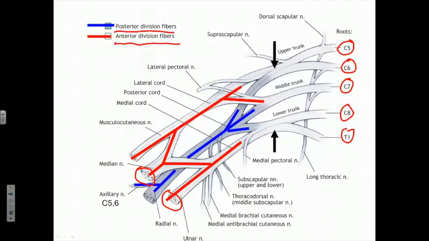Then, in a slightly simpler reorganization pattern, you can see that there are a set of posterior division fibers, illustrated in blue, that again give rise to 2 nerves, the axillary nerve and the radial nerve.